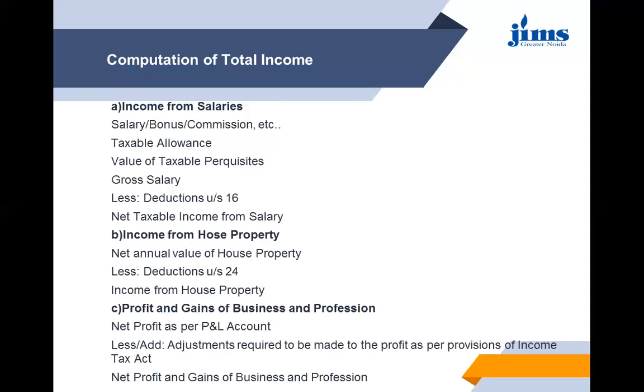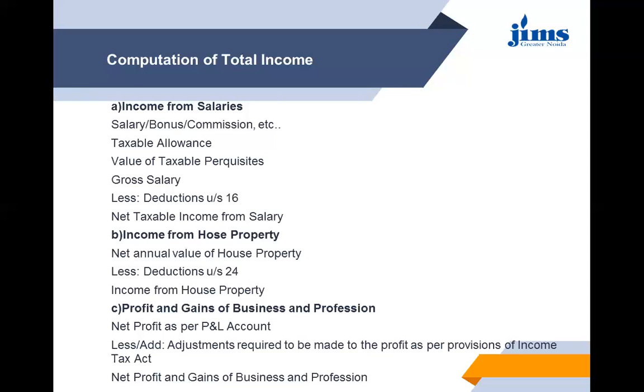Then your net taxable income from salary is arrived at. Second is income from house property. The net annual value of your house property is calculated. Then deductions under section 24 are reduced. Then comes your income from house property.